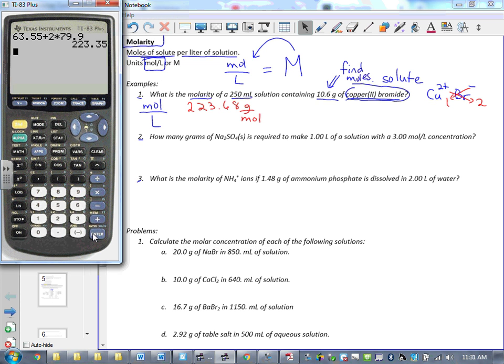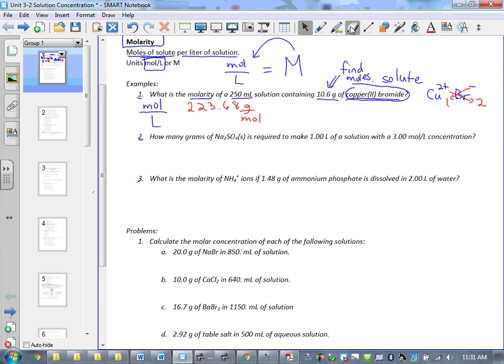Multiply by 2 because there's 2 bromines. Oh, okay, got it. Okay, so we know our molar mass.